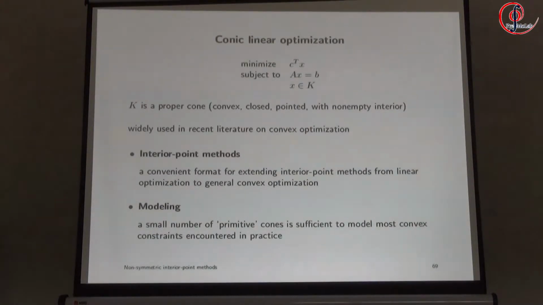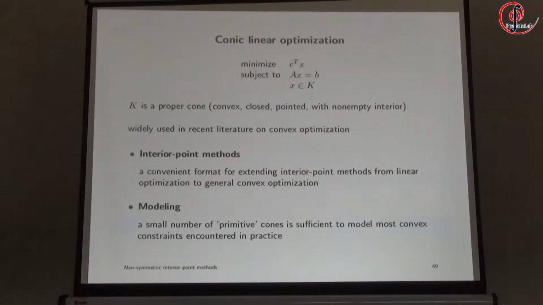And that's widely used in convex optimization, certainly after the book by Nesterov and Nemirovski, because they used this framework to show that the interior point methods for linear programming could be extended to general nonlinear convex optimization, because this actually covers all of nonlinear convex optimization. And then they explain how to construct path following methods and potential reduction methods for these types of problems. So it's a very convenient vehicle for extending interior point methods from linear programming.